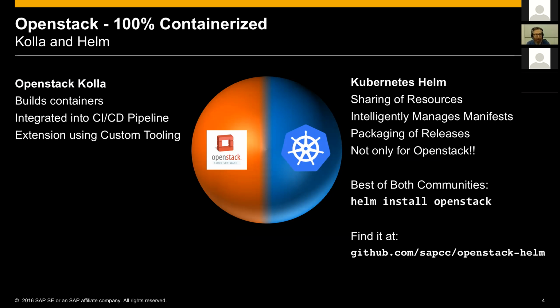Traditionally, the Kolla project also provides orchestration and tools to deploy OpenStack. We started using their tools to run OpenStack on Kubernetes. Then when we figured out that it's not enough, we built our own tooling. And when we figured out that this is quite complicated, we eventually rebased on Helm.